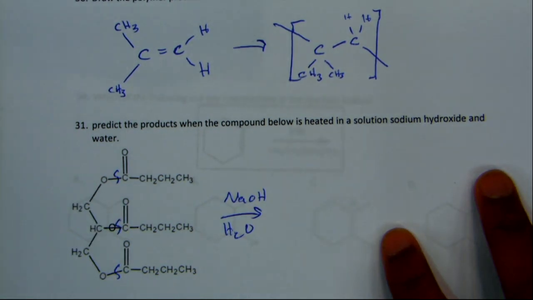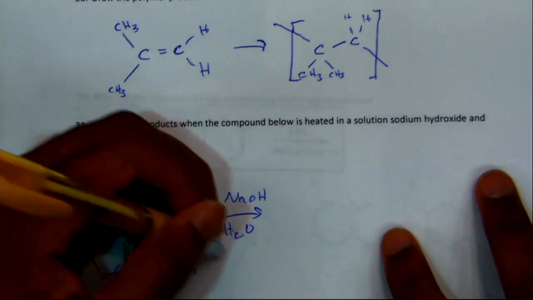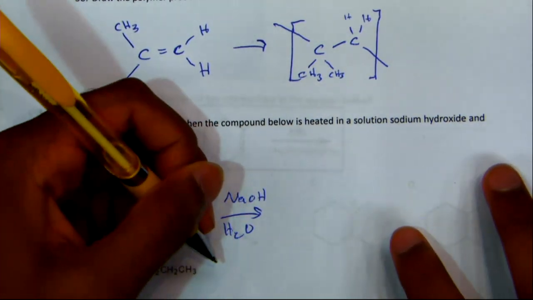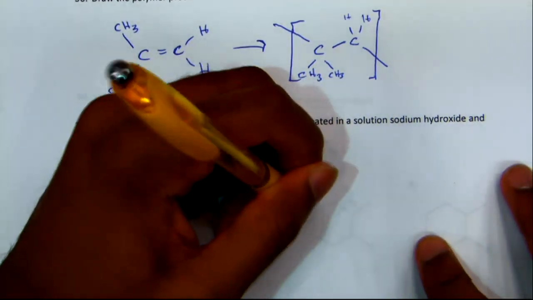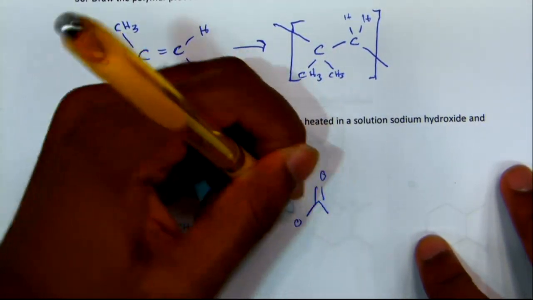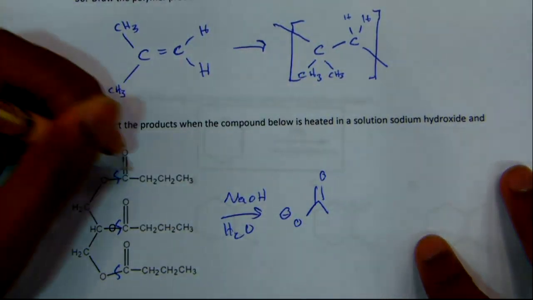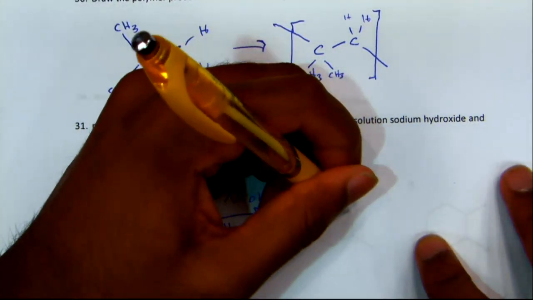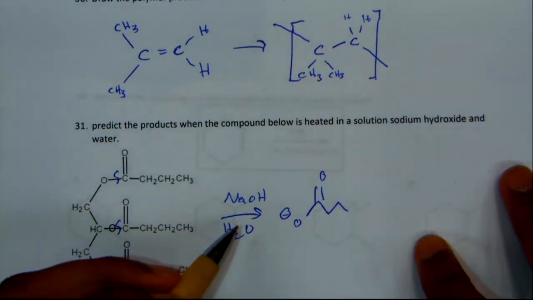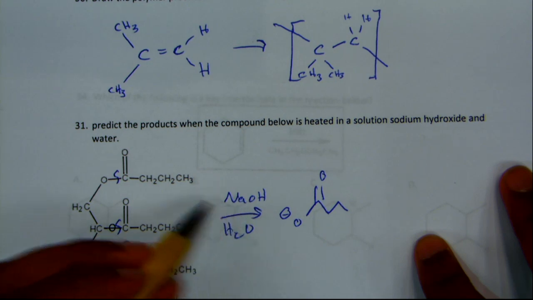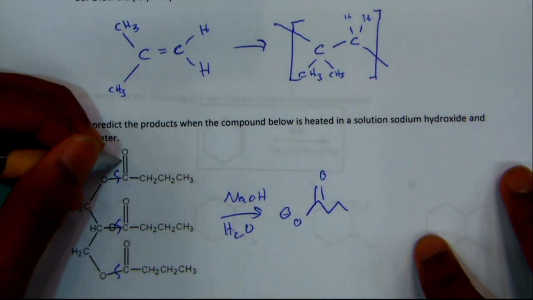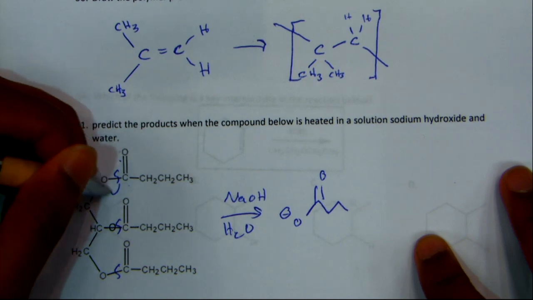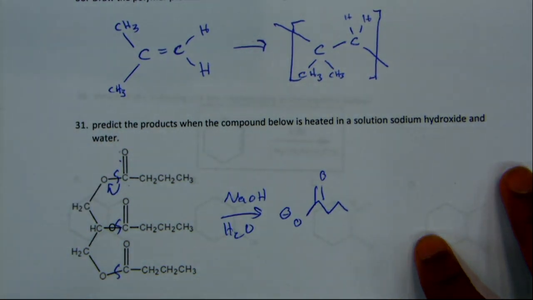Does that make sense? Usually a second step would add water so I can protonate, but I'm not protonating it, I'm leaving it as is. So this OH negative is going to attack here. Eventually this bond comes back down and kicks this one off, the whole classic hydrolysis stuff.